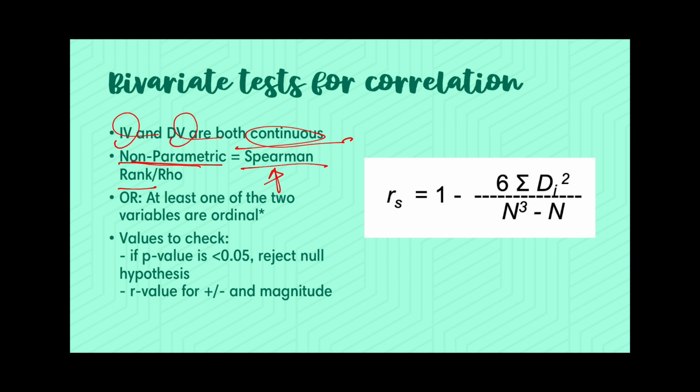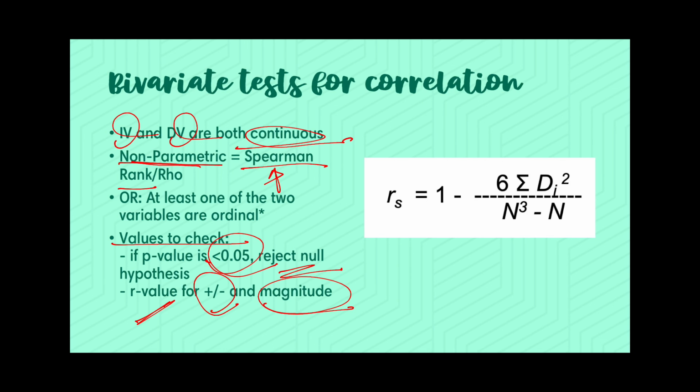But for our department, if it's ordinal, you have to use ANOVA if it's parametric, or Kruskal-Wallis if it's non-parametric. So I hope that's very clear. What are the different values to check? Same thing, it will also generate a p-value. If it's less than 0.05, then you reject the null hypothesis. Then you check the R value or the correlation coefficient, and it will give you a sign and also the magnitude.